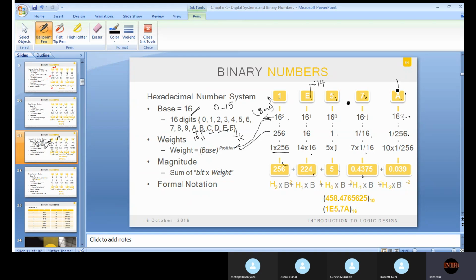This A is representing 10. So 10 into 1 by 256 is 0.039. If you are summing all these things together, what you are getting? 1E5.7A. So this is the hexadecimal representation.